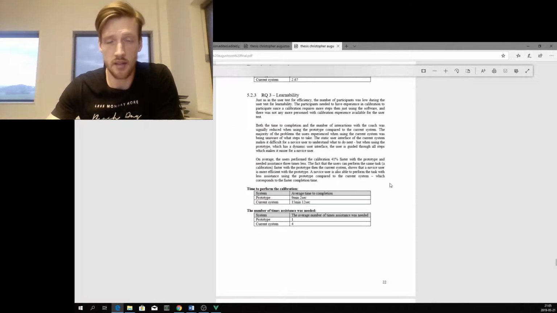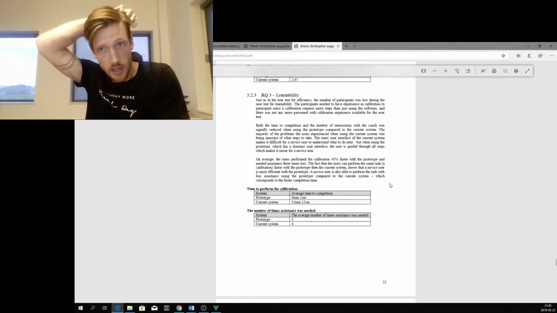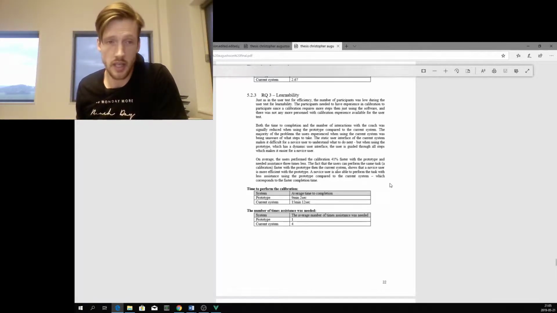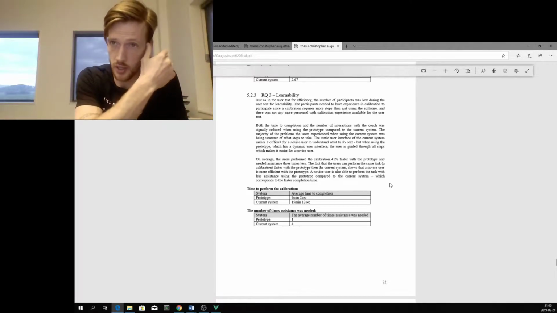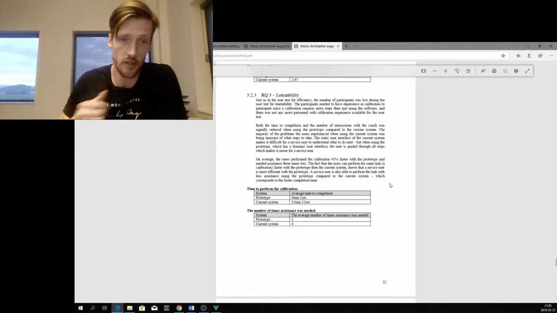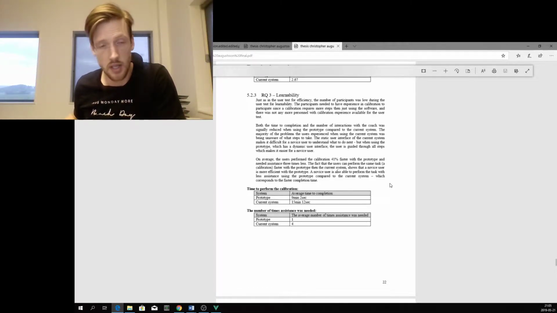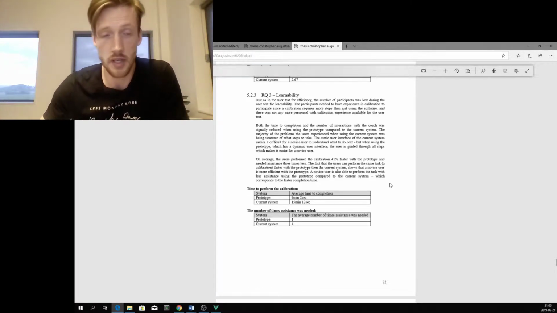If we look at learnability and analyze the results, we find that the users on average were way faster using the prototype and needed assistance way less. This helps to answer the question of whether a dynamic user interface is easier to learn, which I would argue that it is.